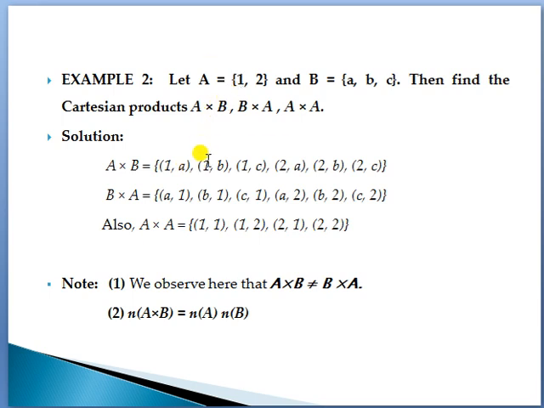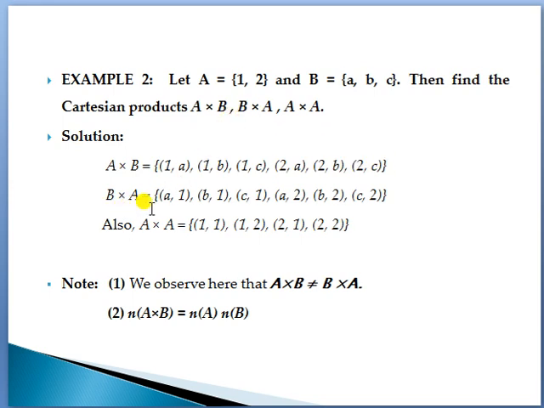Then again 1 and the second element of the set B, so (1, b), similarly (1, c). And for the second element of A, it is 2, and for all three elements of B, it will be (2, a), (2, b) and (2, c). So that is the Cartesian product A cross B.